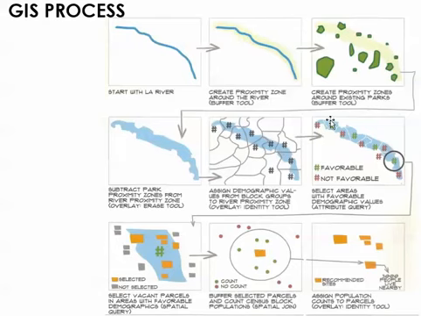Based on those proximity zones, they created other proximity zones around existing parks. So they took those two buffer zones and subtracted them from each other, and that's how they identified, this is exactly where we want to work. This is where we are within a certain distance of the river, and we also are not within an existing park.